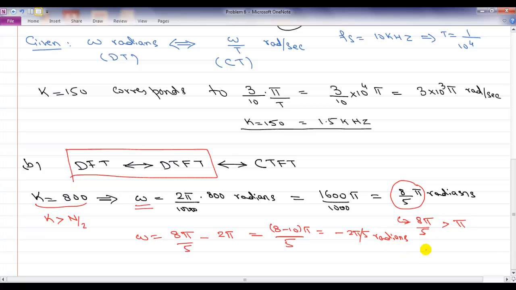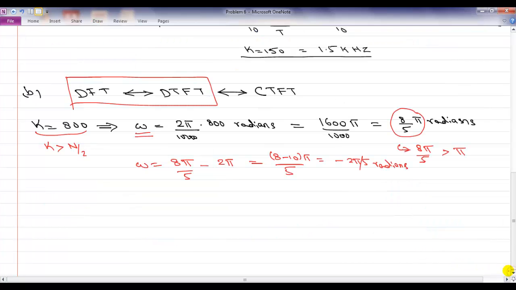And now we can talk about the relationship between this frequency and the discrete and the continuous time frequency. So we have k equal to 800 is equal to minus 2π by 5 radians, little omega. Now what is the relationship of that to discrete to continuous frequencies?